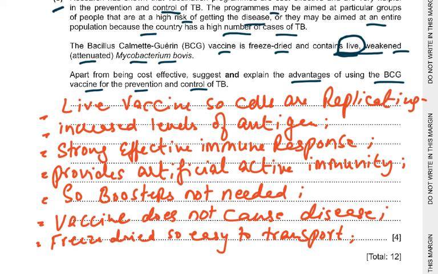So increased levels of antigen, it will result in a strong effective immune response. It will provide artificial active immunity. Vaccine does not cause disease. And freeze-dried, so easy to transport, taking from one city to the other where the vaccinators are going to use it.